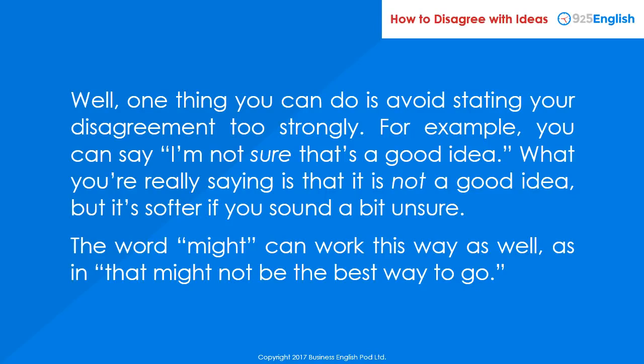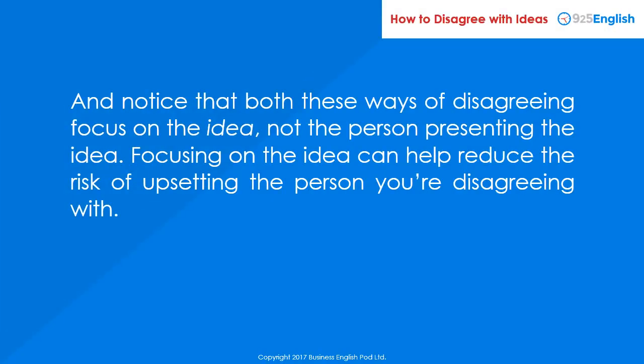What you're really saying is that it is not a good idea, but it's softer if you sound a bit unsure. The word might can work this way as well, as in, "That might not be the best way to go." And notice that both these ways of disagreeing focus on the idea, not the person presenting the idea.